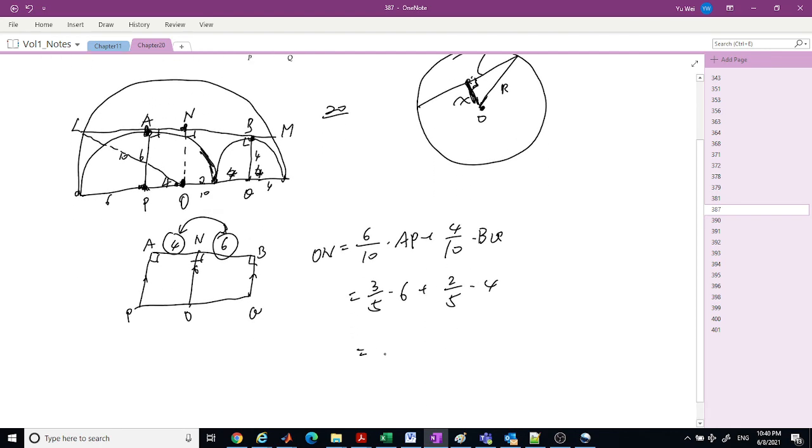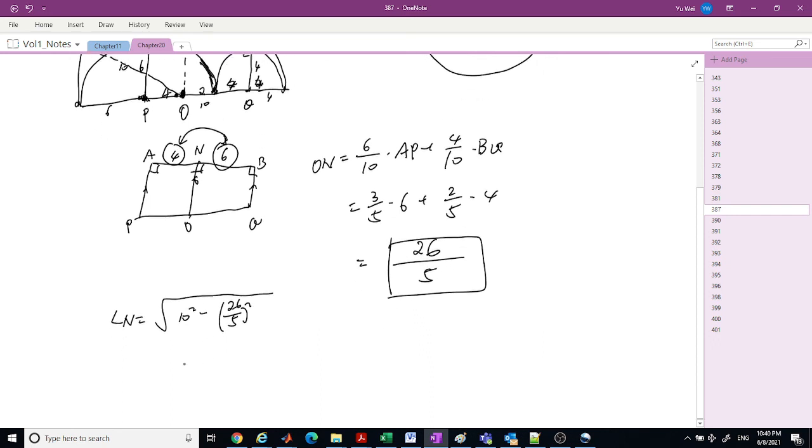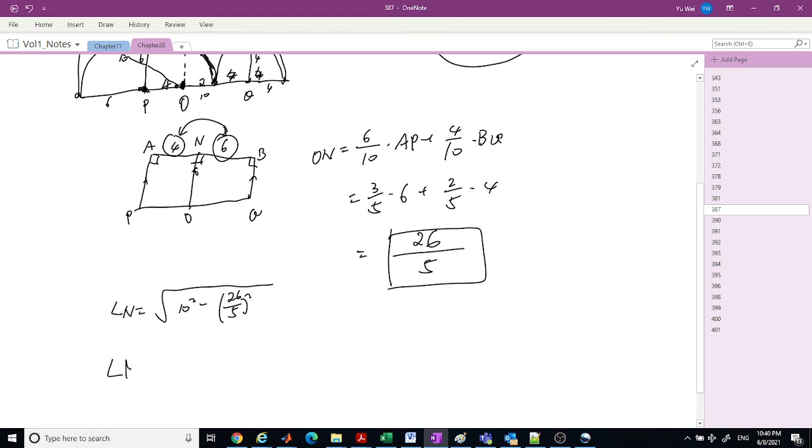So this equals 18 over 5 plus 8 over 5, which is 26 over 5. We solve ON, and we know this radius is 10. Now we can solve LN equals the square root of 10 squared minus (26 over 5) squared. Then LM is equal to 2 times LN.